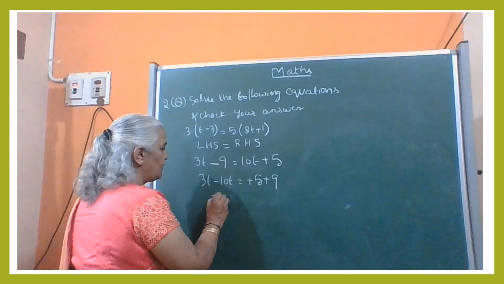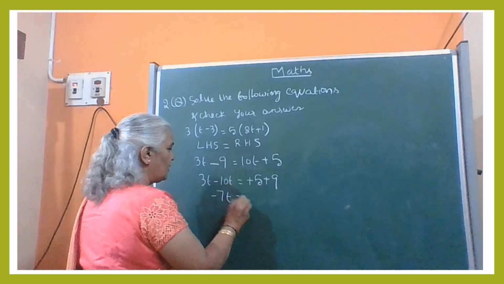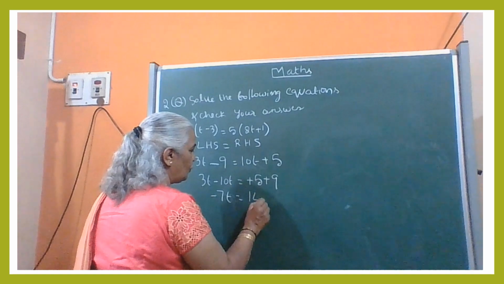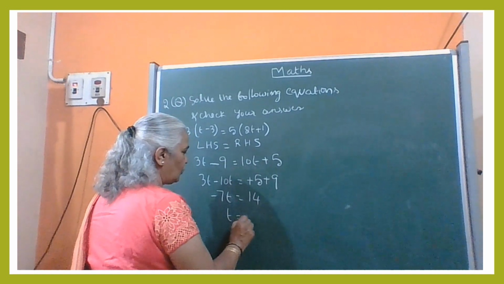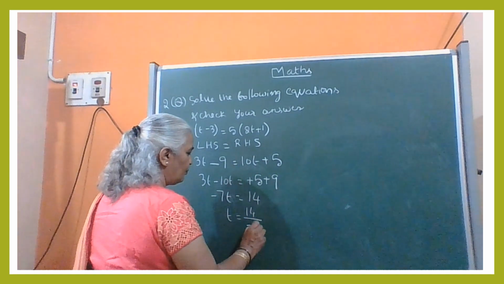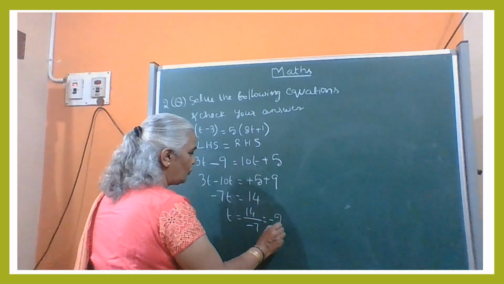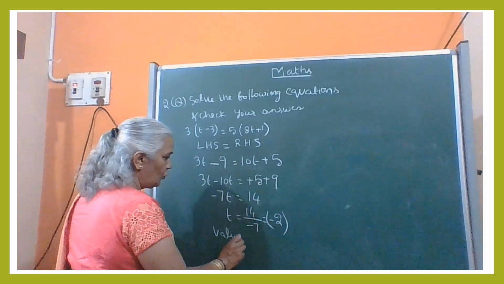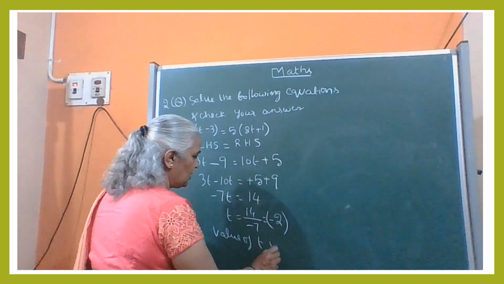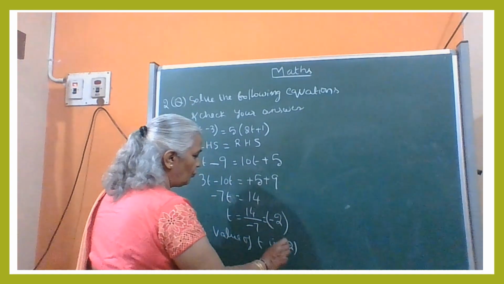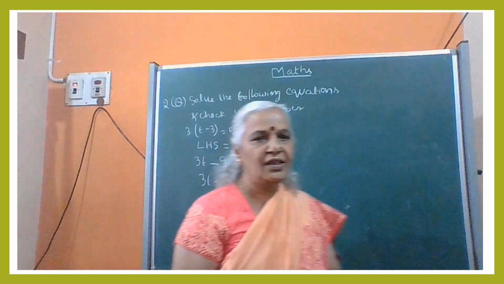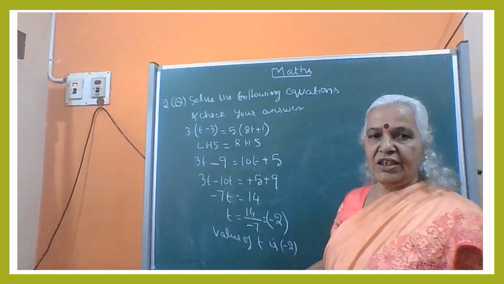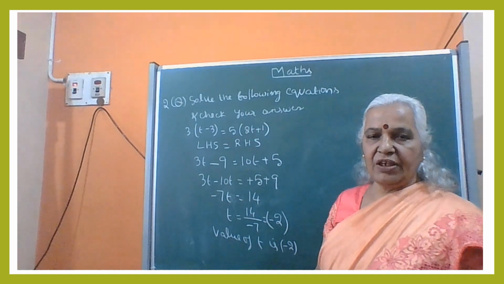Therefore, 3t minus 10t is minus 7t is equal to 14, and t is equal to 14 by 7 is equal to minus 2. Now the value of t is minus 2. You can check the answer by substituting the value of t in the given equation.